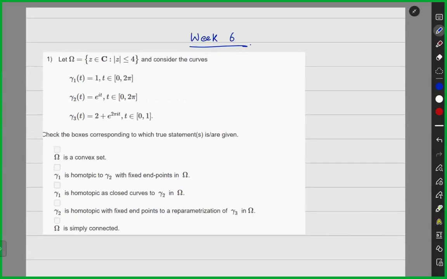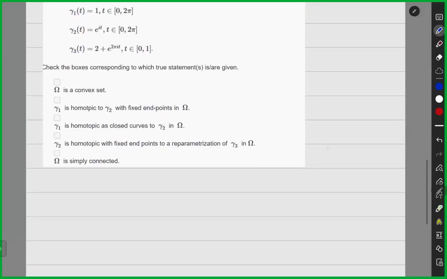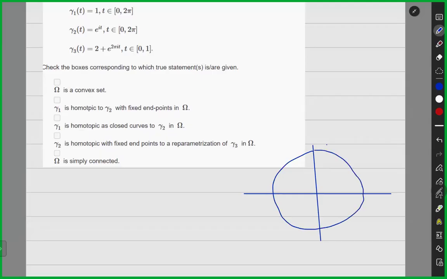Omega is the closed disk of radius 4 centered at 0. So let's draw the picture and understand what is happening. This is radius 4, means 1, 2, 3, 4.